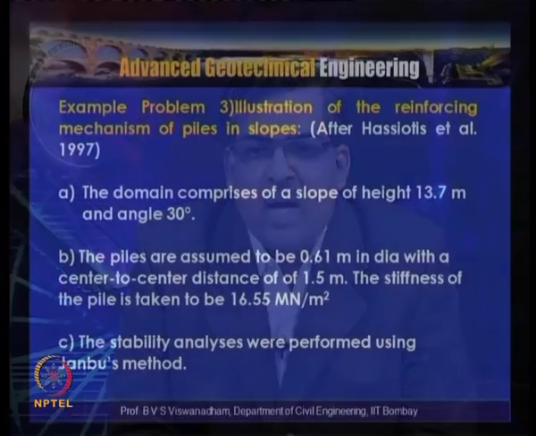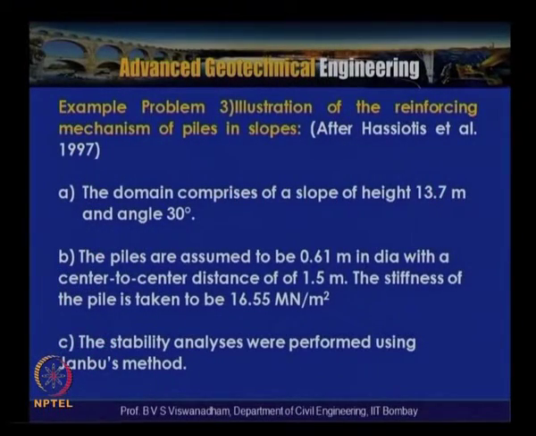What will happen is that the soil undergoes arching in the region between the piles, which prevents the movement of the slope, so hence the slope stability can be enhanced. The stiffness of the pile is taken as 16.55 mega Newton per meter square, and the stability analysis was performed using the Bishop method.